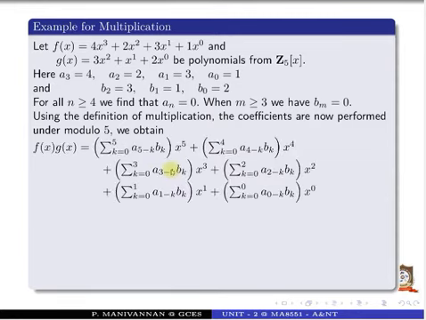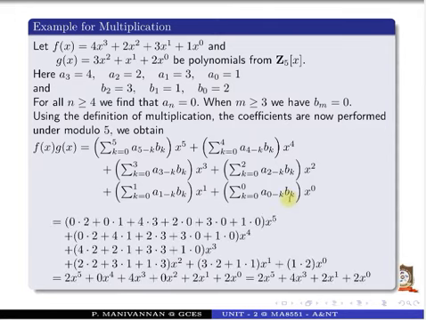We obtain, what is it? x^5, it is up to 5: the sum of a(5-k) bk. x^4, up to 4: the sum of a(4-k) bk, and similarly up to 0. Then, what is its meaning? What is it? x^5. How do we find x^5?